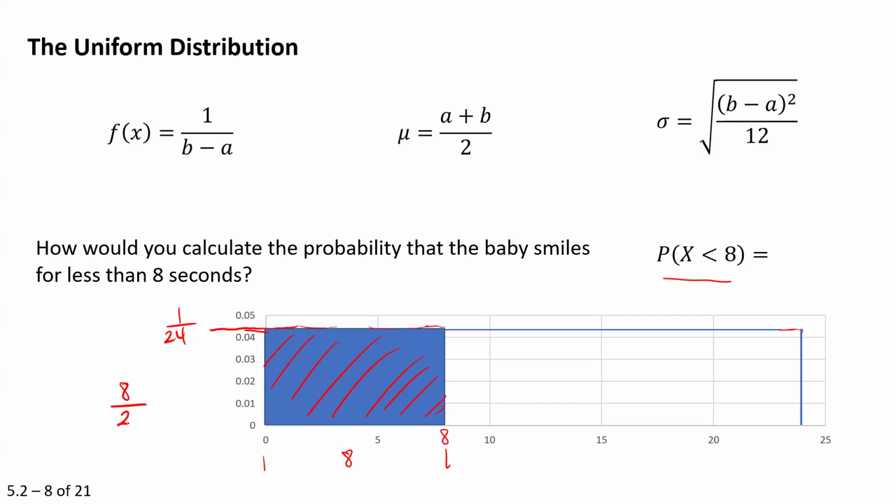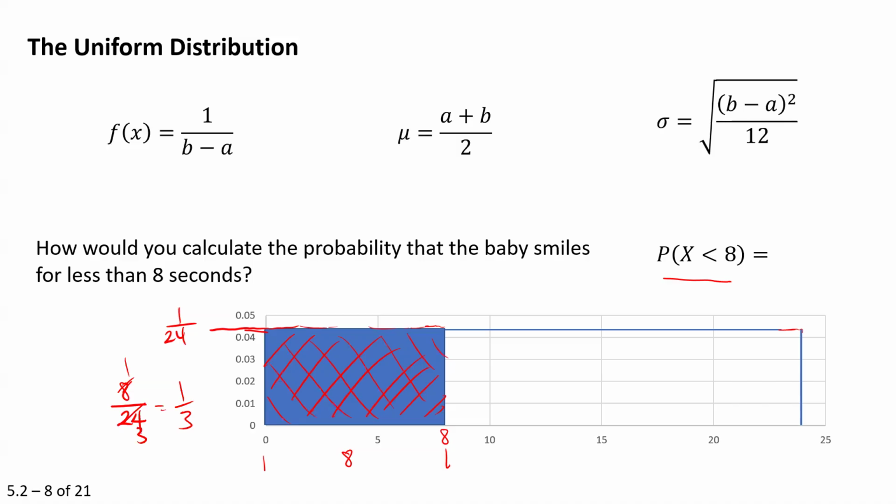And actually, we can reduce that because 8 goes into 24 how many times? 3 times. So this is a 1 in 3 chance that when a baby is smiling, that smile is going to last less than 8 seconds, according to this distribution. Does it make sense how we did this here? Okay.